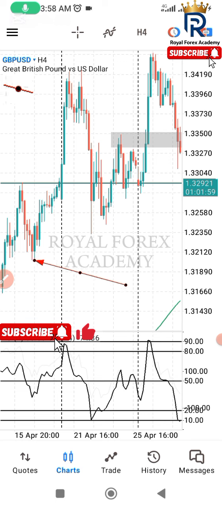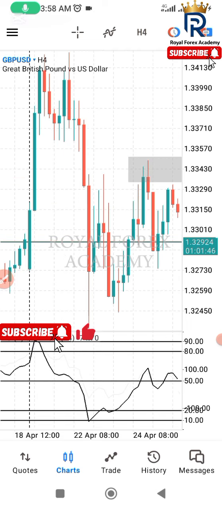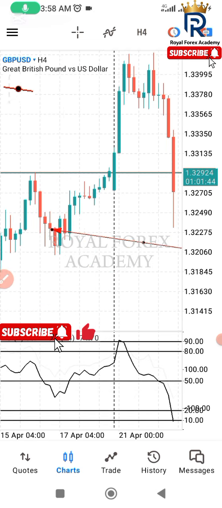So now what is our order block, or which of these candles is our order block? This last bearish candle that you are seeing there is what is referred to as our order block.